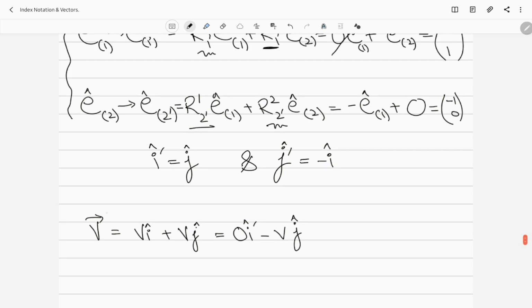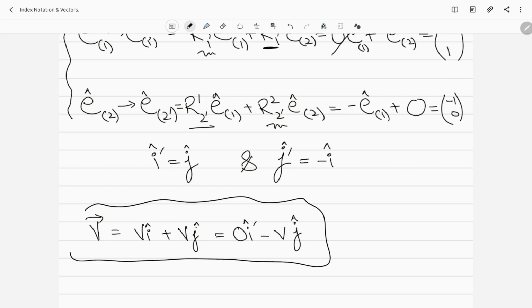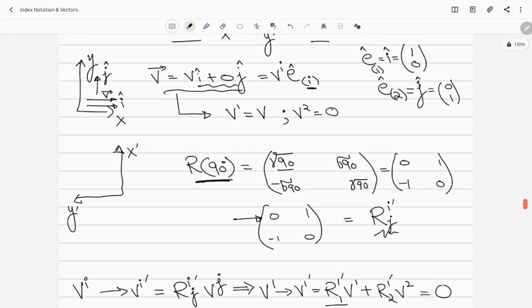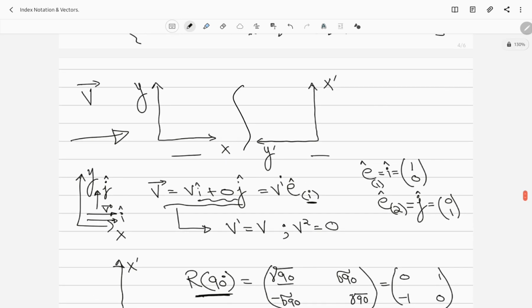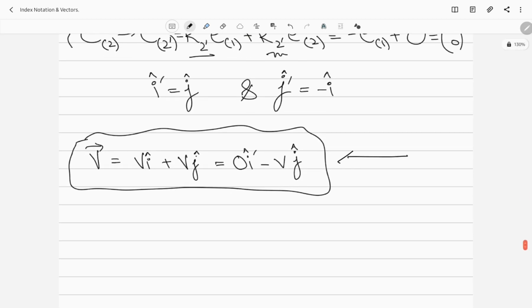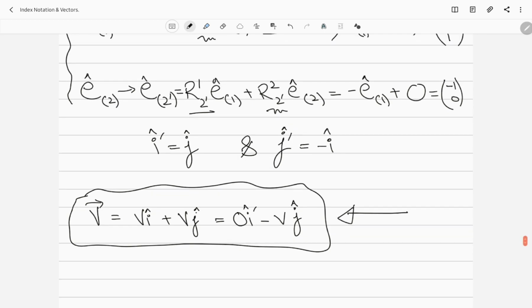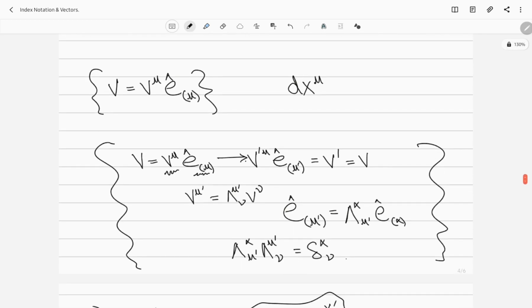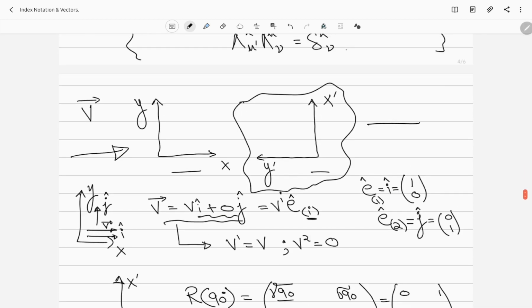And if you look at this coordinate system, which was the transformed one, this equation exactly tells you that you would get something like this, which is what we had already expected because we started off with this transformation by the rotation of 90 degrees.